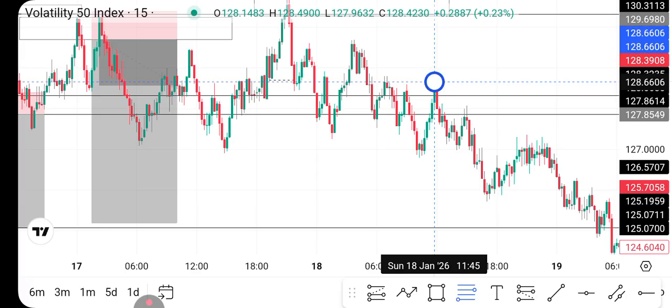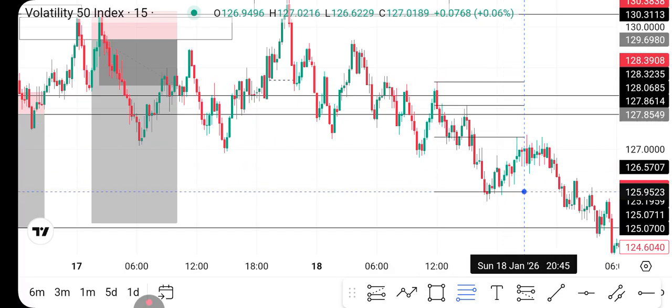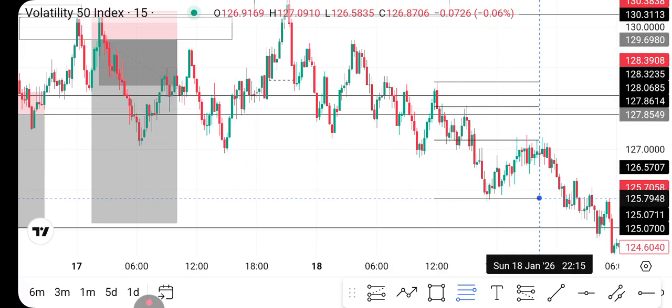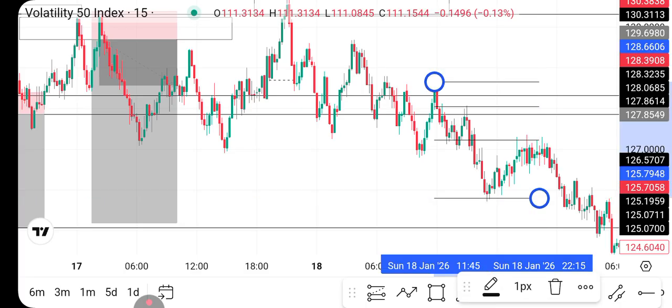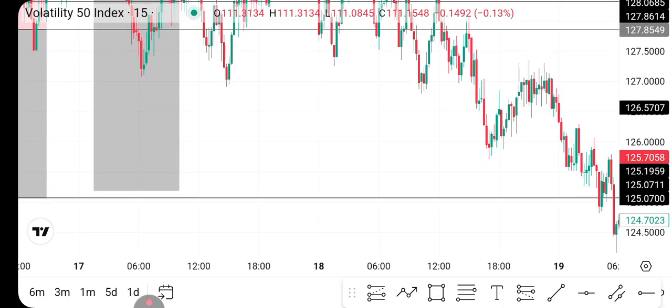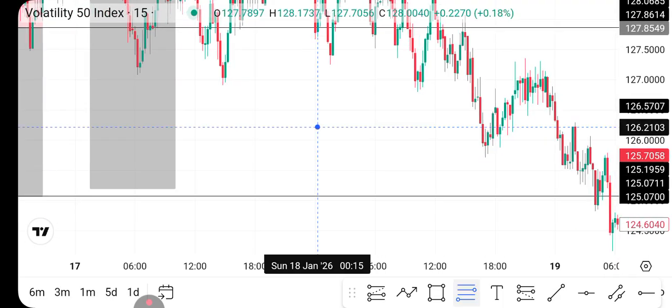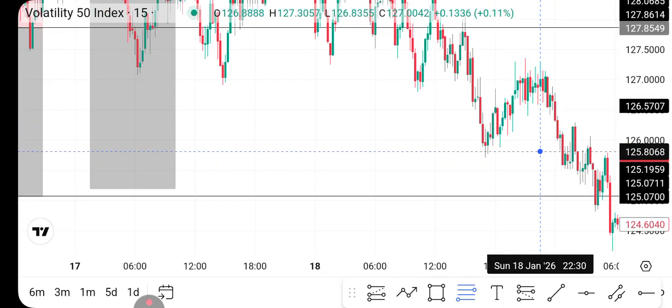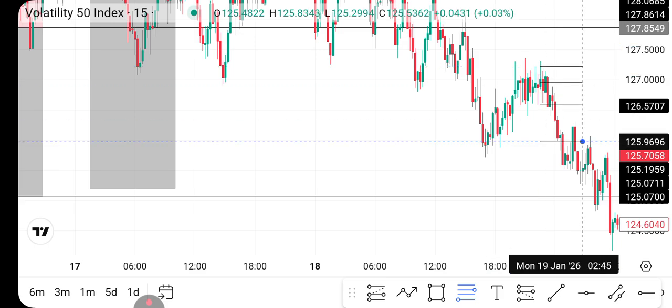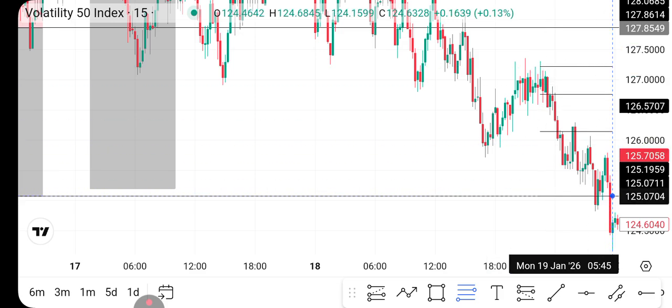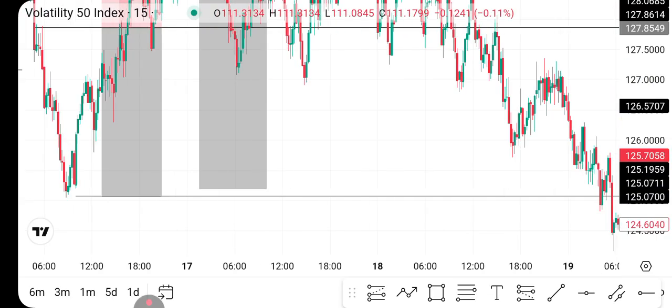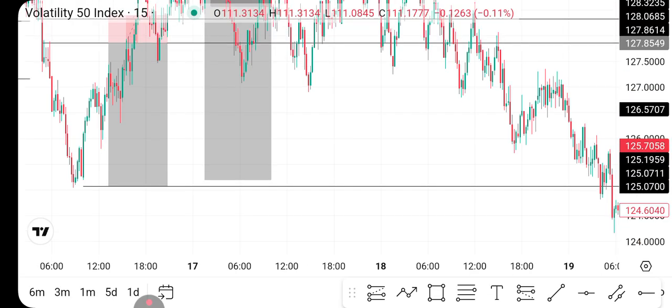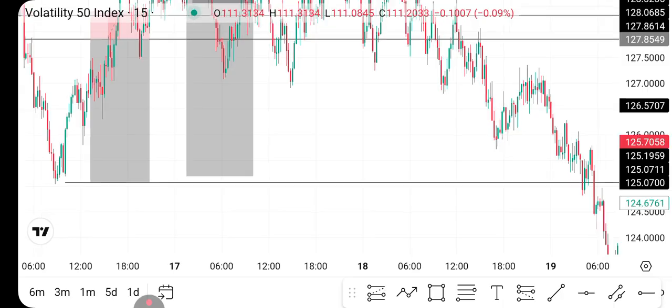If we measure this, did you get to 70%? No. So we are not using that. Another break of structure here. Another break of structure. If we measure this, did price come back into the 70%? No. So we are no more there.